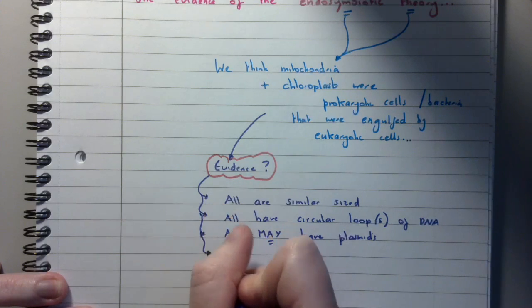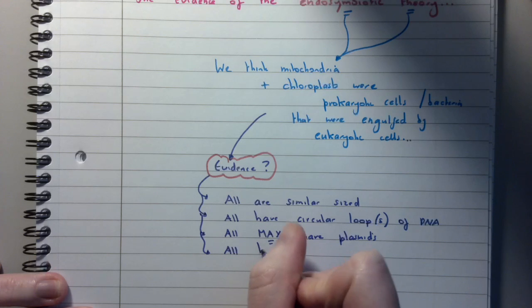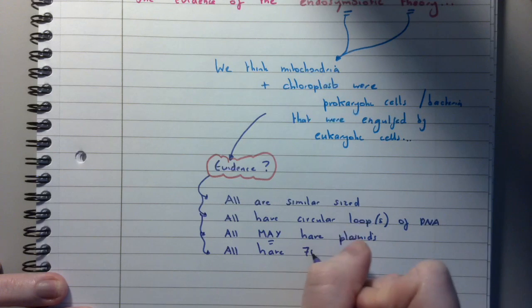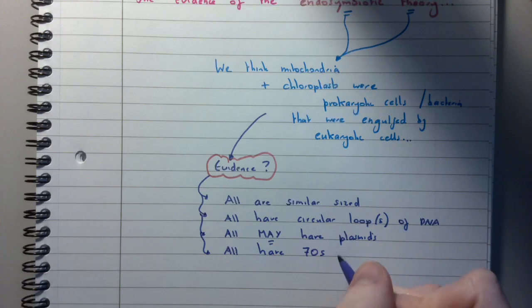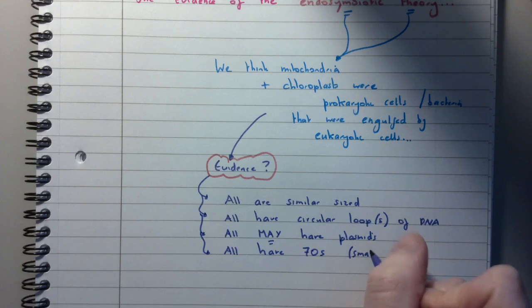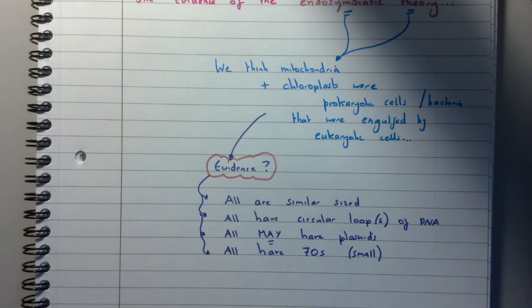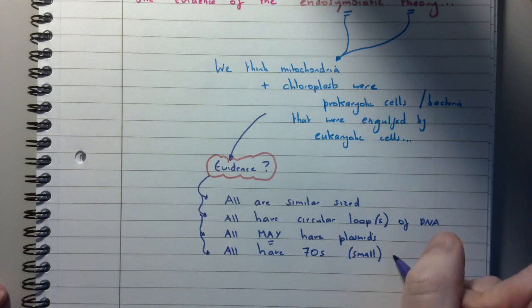All have the 70S ribosomes. Sometimes 'small' is allowed in the mark scheme. To be honest, I don't think 70S is hard to remember, so I would just say that. But if you do forget in your exam and you can't remember the number, just say small ribosomes.